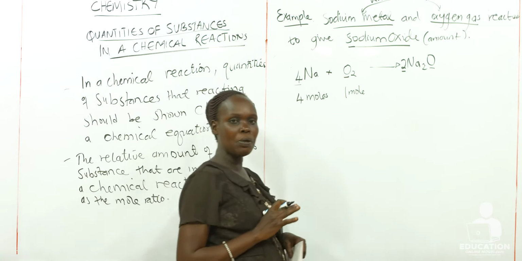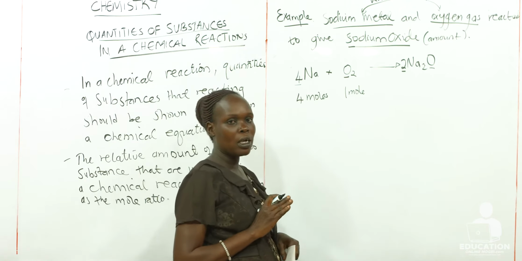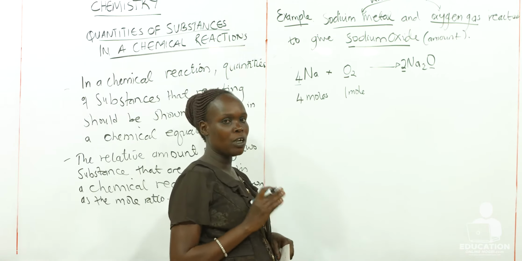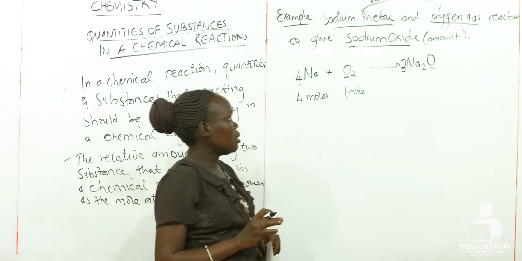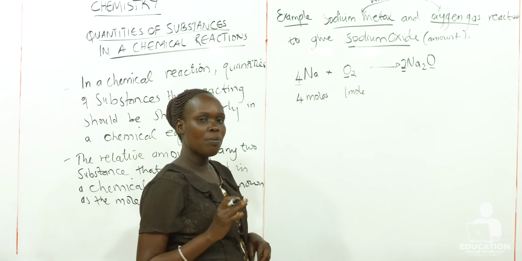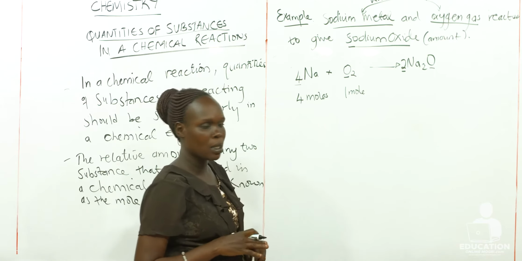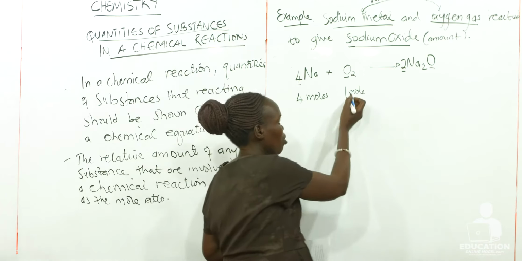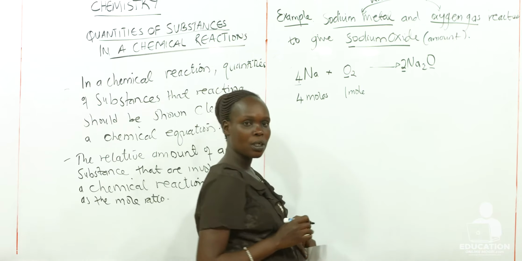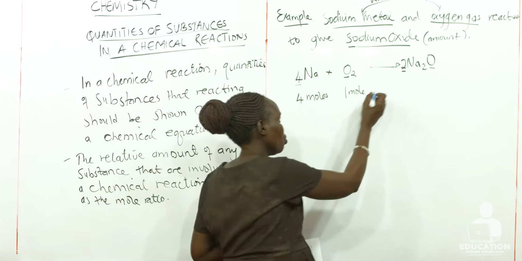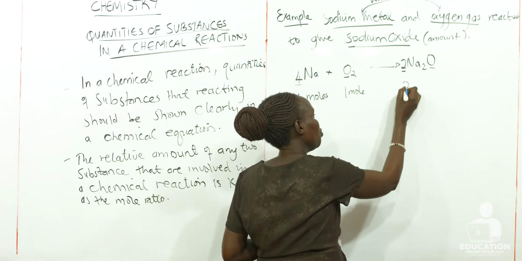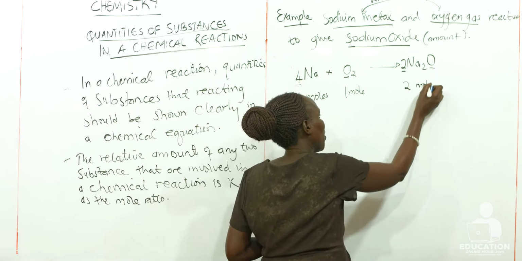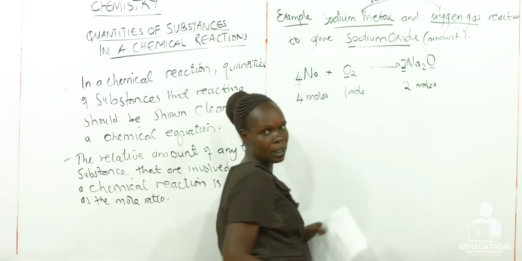In a chemical equation 1 is not written, but you have to know that when the place is empty, it means we have 1 mole of that substance that is reacting. In this case we have 1 mole of oxygen gas. So when we go to the right hand side we shall see that there are 2 moles of the product.